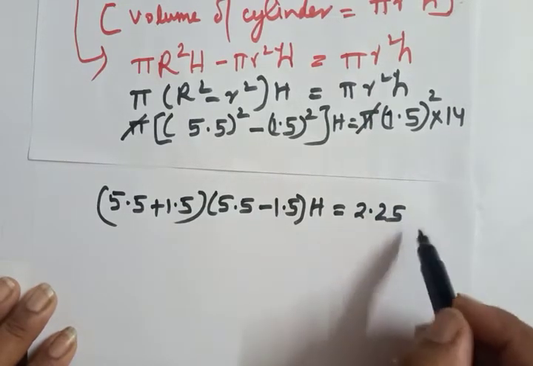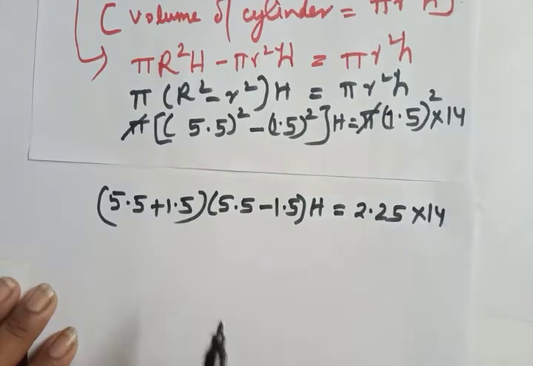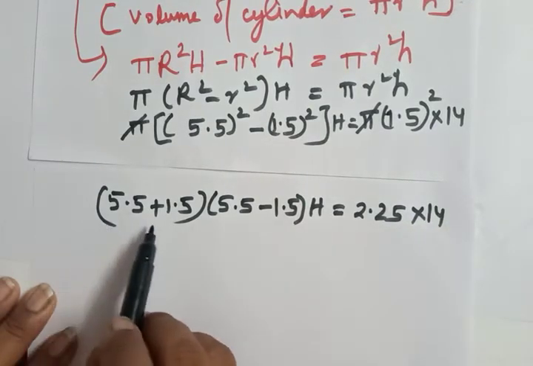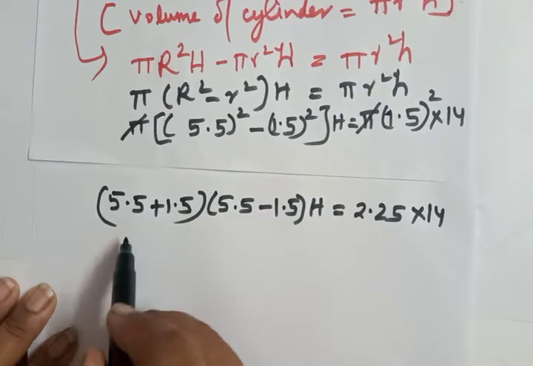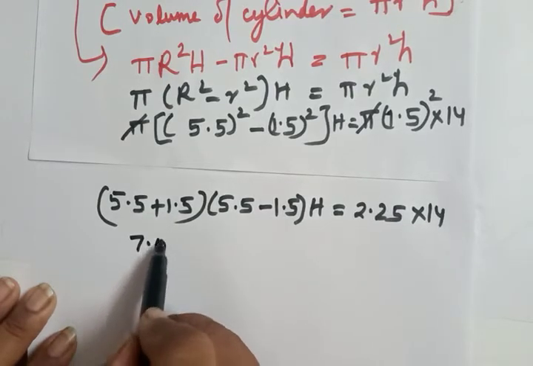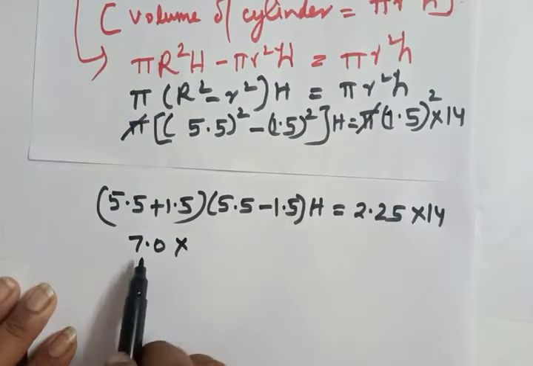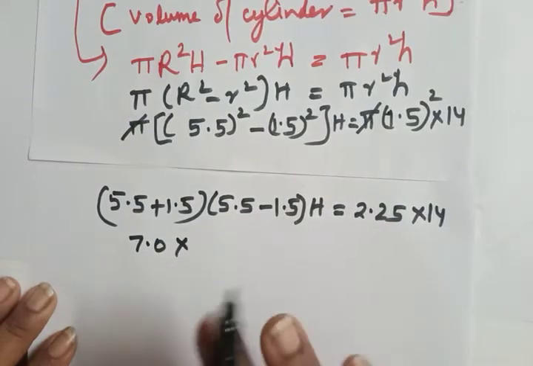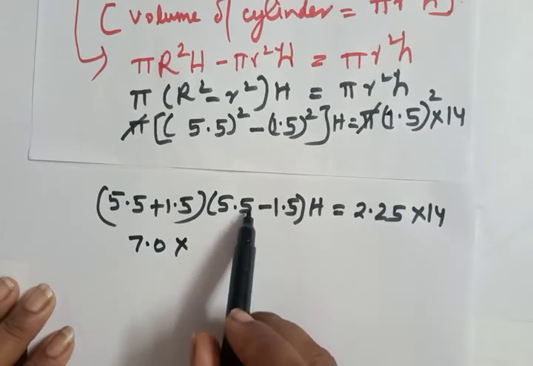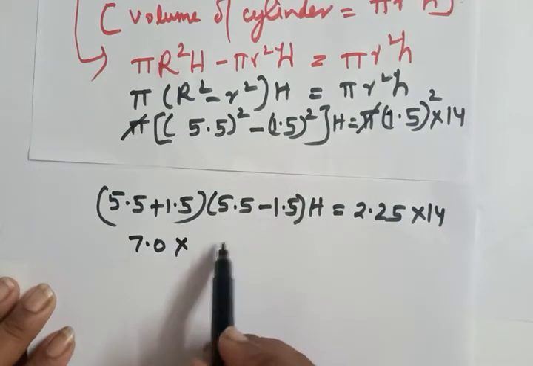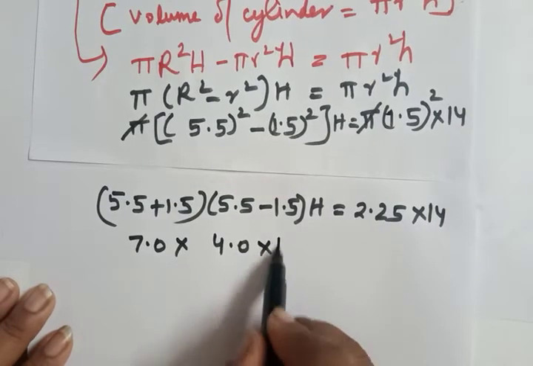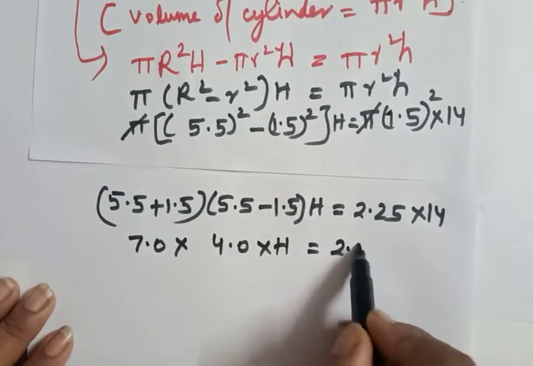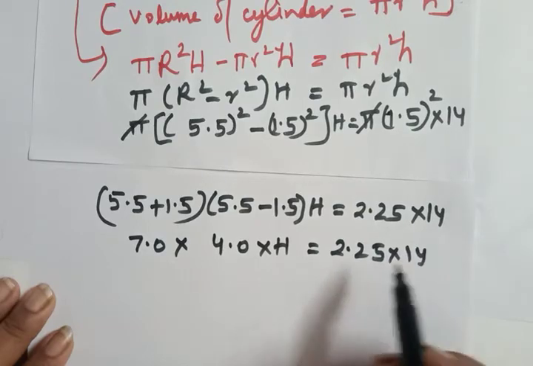Into 40. So 5.5 plus 1.5, that will become 5 plus 1 is 6, 5 plus 5 is 10, and that will become 7.0. That is 7, but to make it clear, I have written this. 5 minus 5 is 0, and 5 minus 1 will become 4. Basically 7 into 4 into capital H is equal to 2.25 into 40.